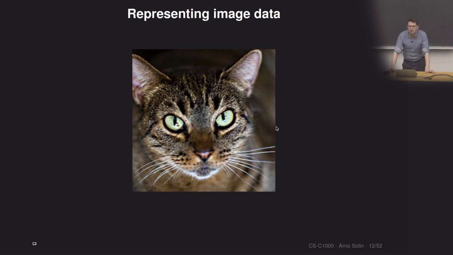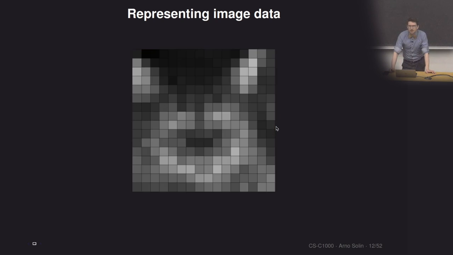To make it slightly easier to explain, let's reduce the resolution and turn it grayscale. I just made the pixels bigger now, because the image is not actually continuously represented in memory. It's represented as a grid of dots or pixels. You can have color images, but let's consider this grayscale image.